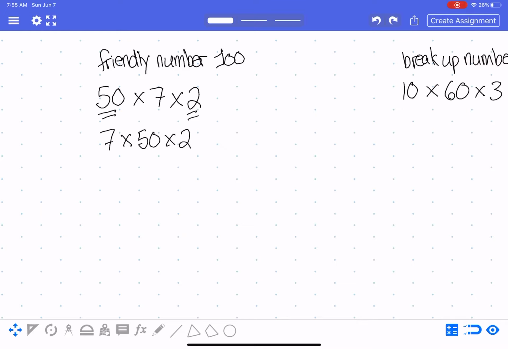Now, I know that 50 times 2 is 100, and then I can multiply it by 7. Now, 100 is a friendly number because instead of just adding 1 zero, you're going to add 2 zeros. So 7 times 100 is 700.